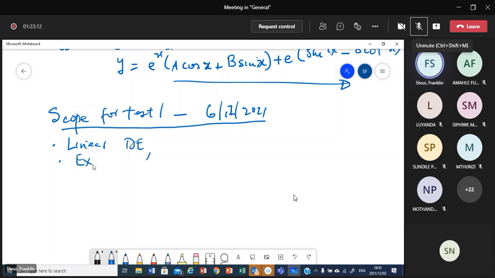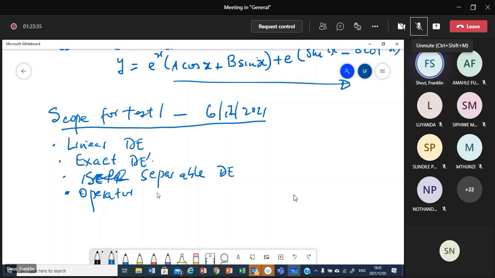Next one will be exact DEs. Next, separation of variables, separable DEs. And what was the last thing? As well as operator D, whereby we must know how to expand that and evaluate.